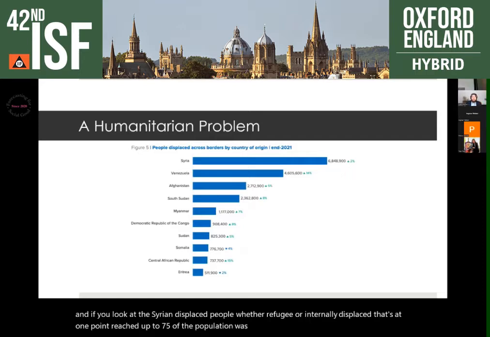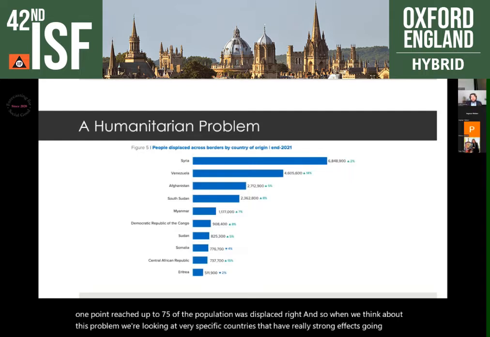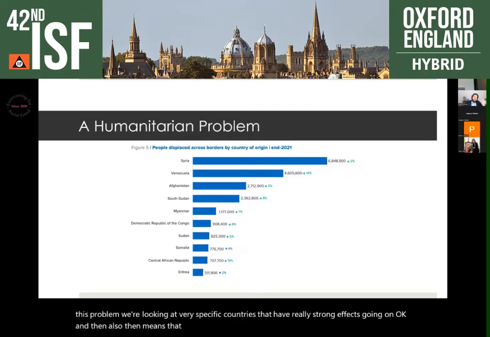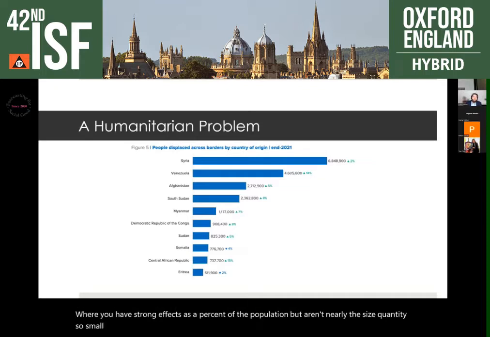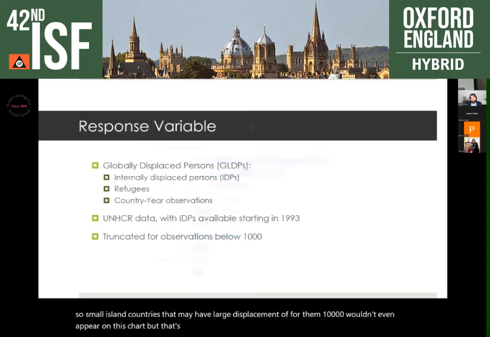So when we think about this problem, we're looking at very specific countries that have really strong effects going on, okay? It also means that there are some countries where you have strong effects as a percent of the population, but aren't nearly the same size in quantity, right? So small island countries that may have large displacement, for them 10,000 wouldn't even appear on the chart, but that's a huge issue for them.